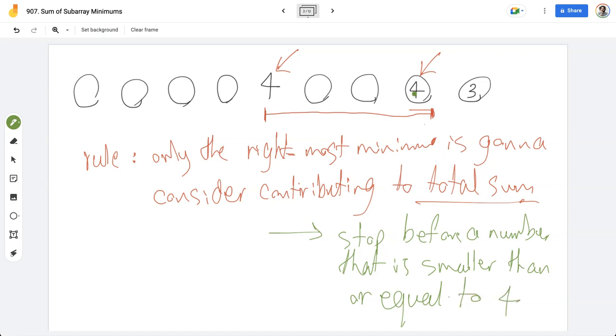So if we see this 4, we can go only these many numbers, we cannot go until this 4. But for the left part, we still have the same rule. We stop before a number that is smaller than 4.